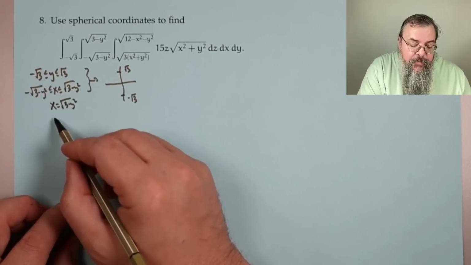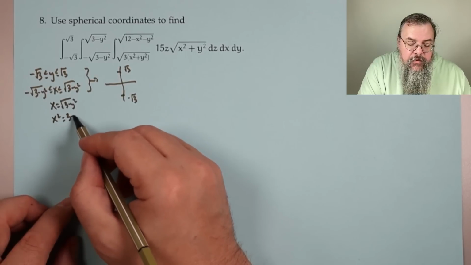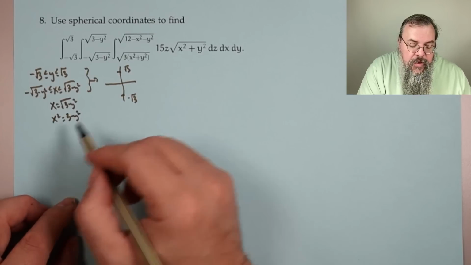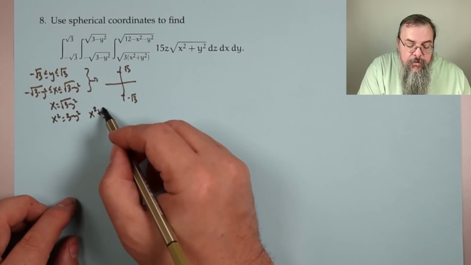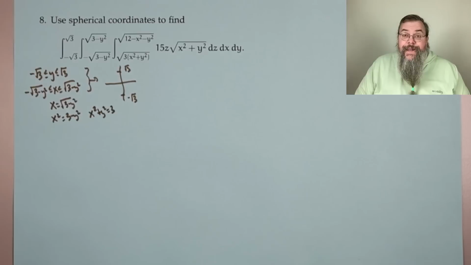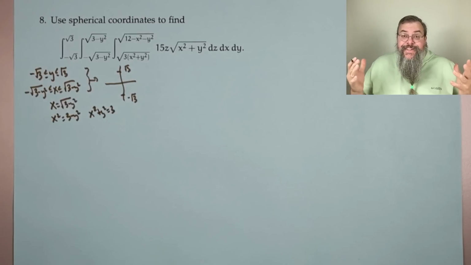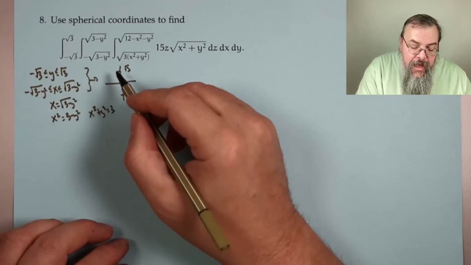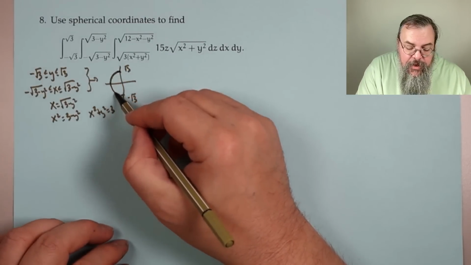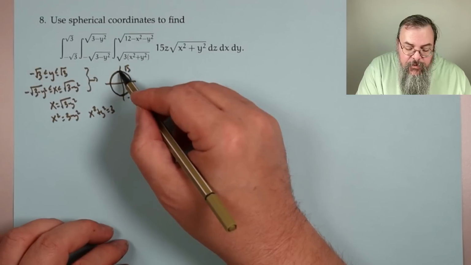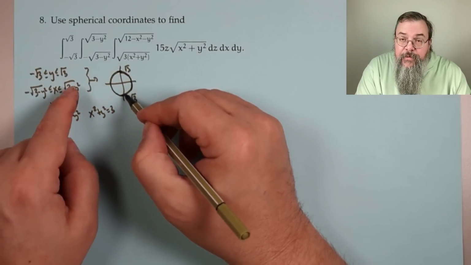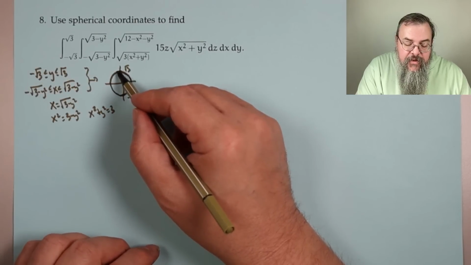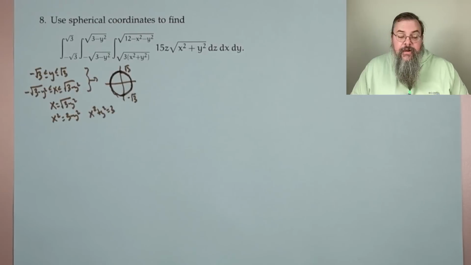Square both sides, x squared equals 3 minus y squared, or x squared plus y squared equals 3. Wait, that's a circle of radius root 3. Hey, that's something we can sketch. So this is the positive root 3 minus y squared. This is the negative root 3 minus y squared.